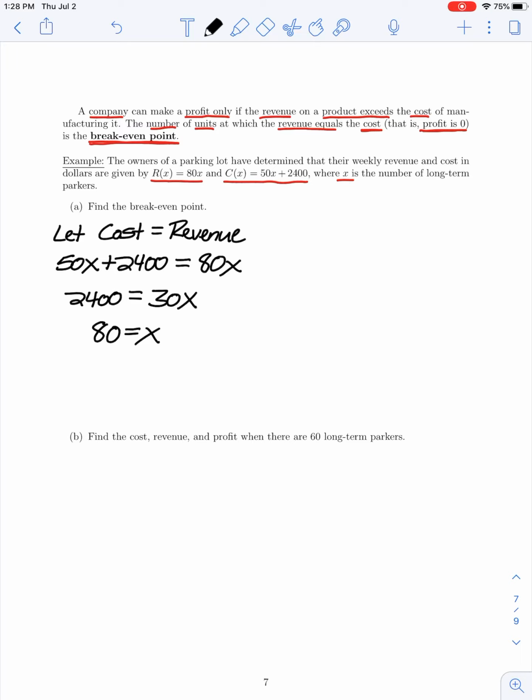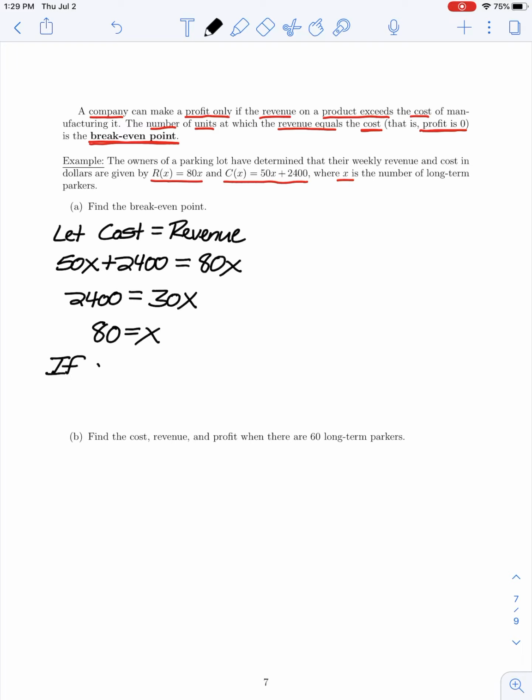Now, when we're asking for a break-even point, we're referring to a point in, say, an XY plane. So we're not just interested in the value of x, but also what the cost and the revenue would be for that value of x.